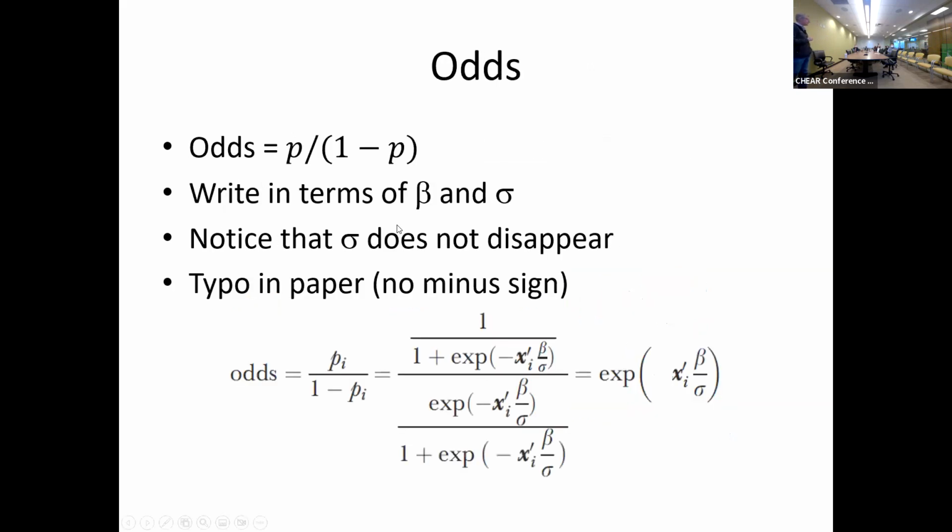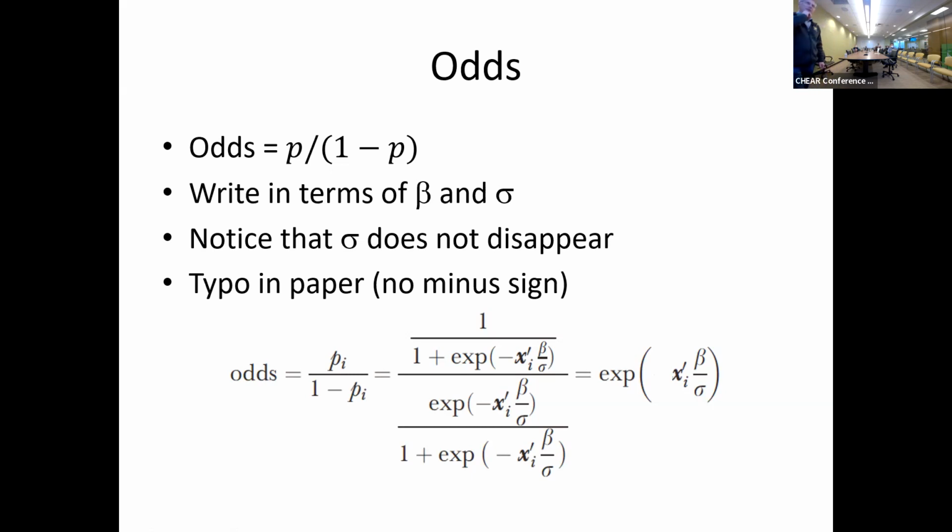Next slide. Okay. So going back to the original simple formula, odds are p over 1 minus p. Let's write down how that works with this kind of expression. And we're going to write this in terms not only of beta, but beta and sigma. And sigma is not going to fall out of this conveniently. The logistic function is nice in many ways. Things fall out in a lot of cases, but not now.